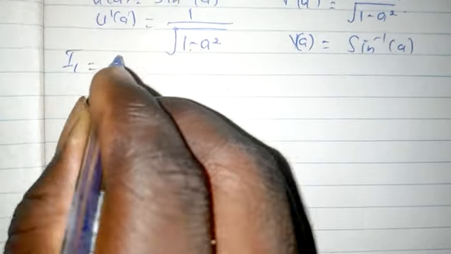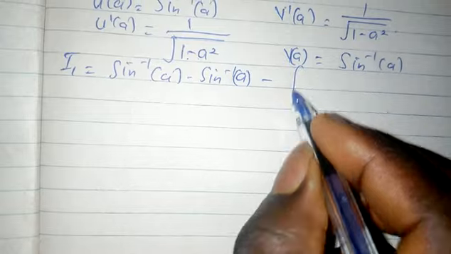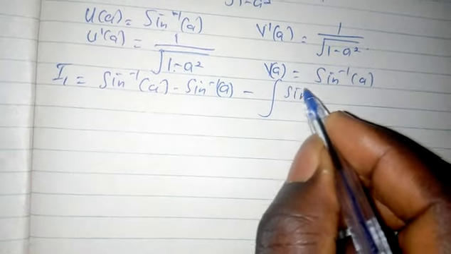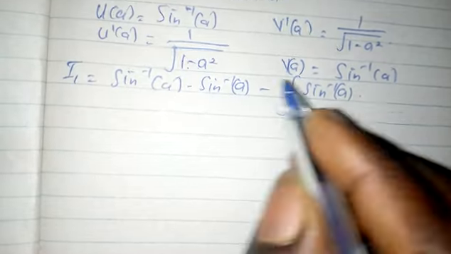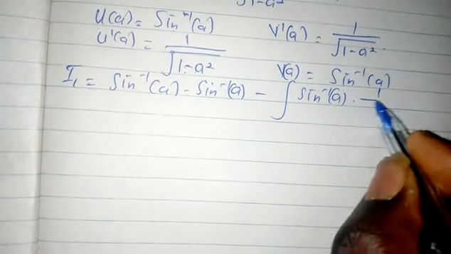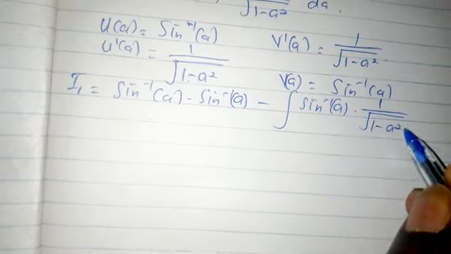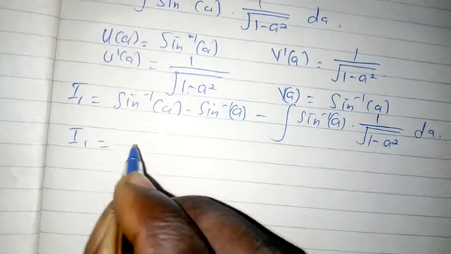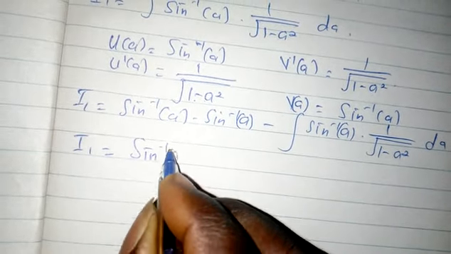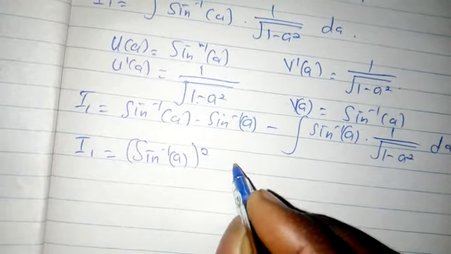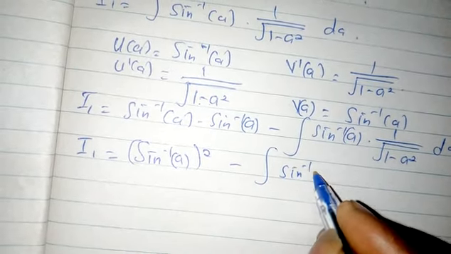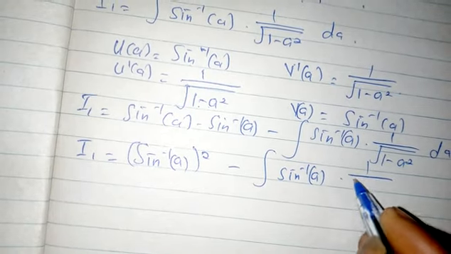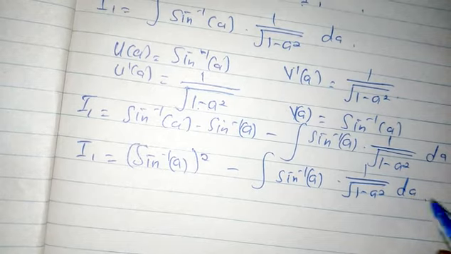So my u of a is now sine inverse of a, v of a is also sine inverse of a, minus the integral of, so my v of a is sine inverse of a dot, and my u prime of a is 1 over root of 1 minus a squared dA. Okay, let's continue. So my I1 is now equal to sine inverse of a all squared minus the integral of sine inverse of a dot 1 over root of 1 minus a squared dA.